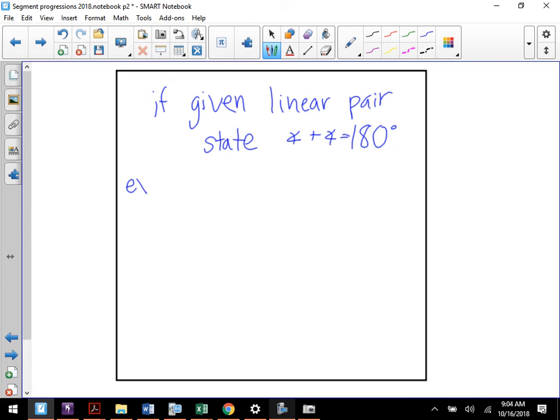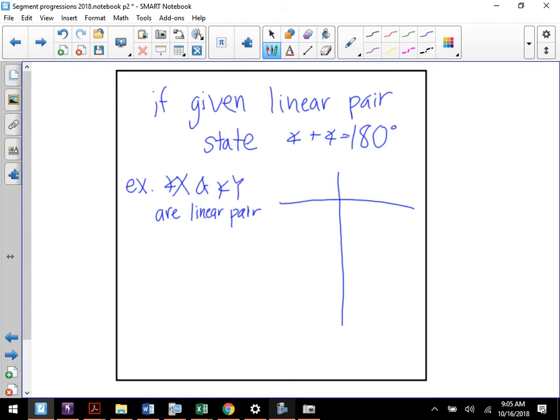So then, an example here, just like you were saying: your problem would say angle x and angle y are a linear pair. So here you know you want to use the linear pair.